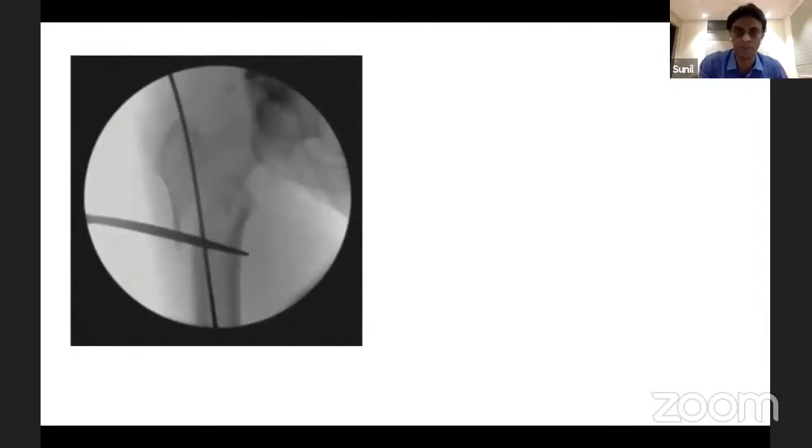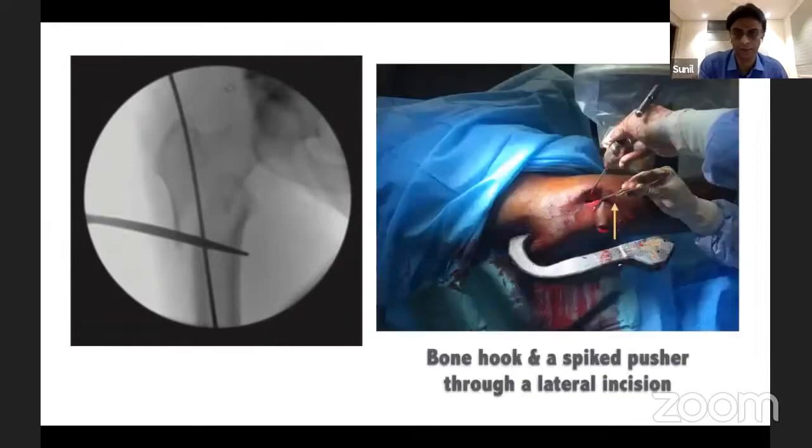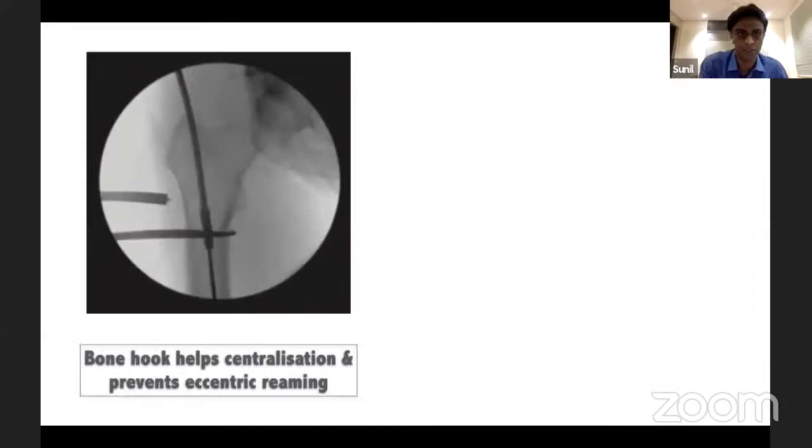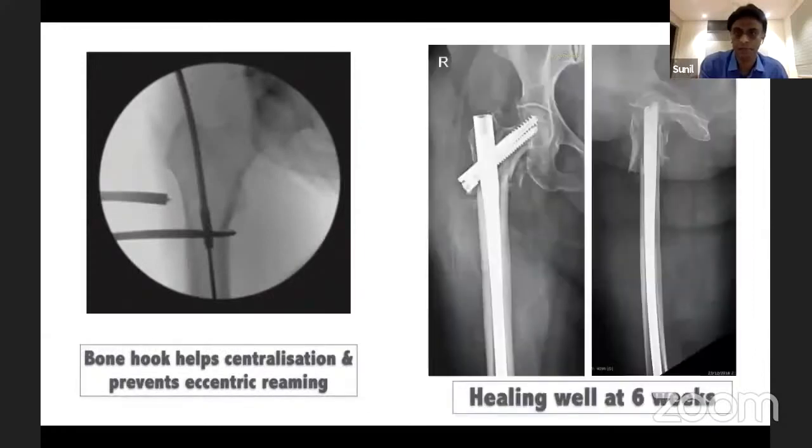It's a very simple instrument that's available with everybody. You can use a bone hook to correct it, and simultaneously, if required, use a ball spike pusher in the sagittal plane, and then control your reductions, start your entry, ream it concentrically, and put your nail in. And you can see it heals well at 6 weeks pretty much.